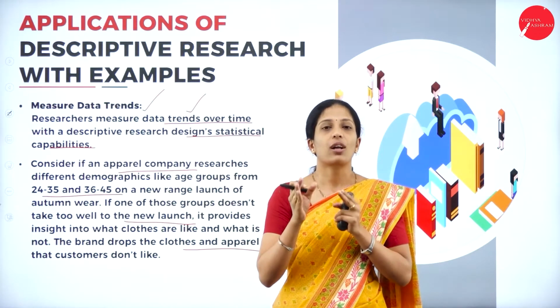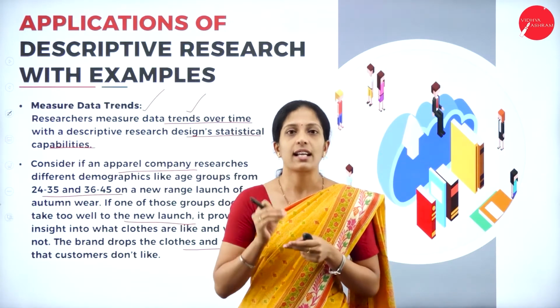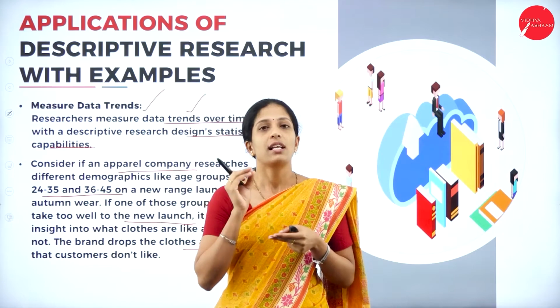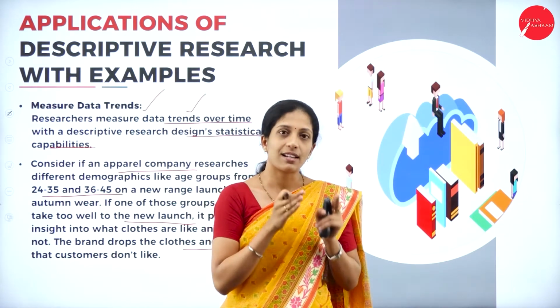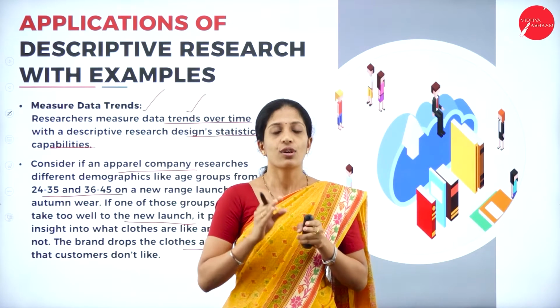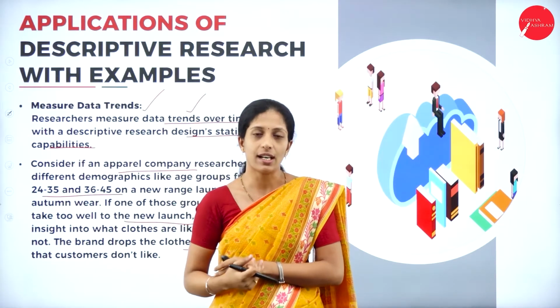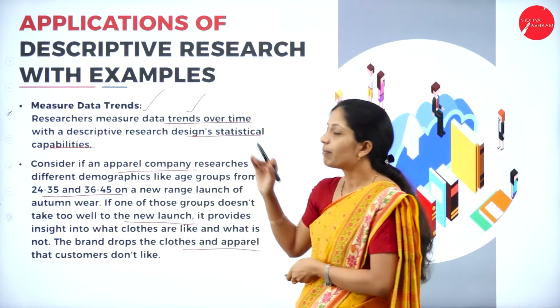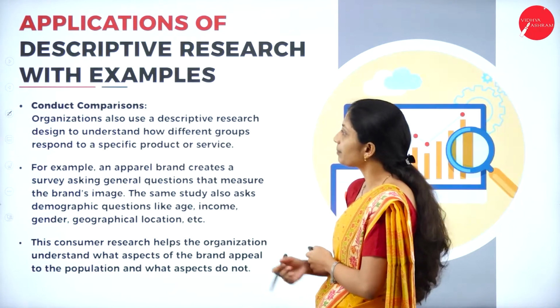Suppose an organization releases a particular brand and the data is collected through statistical tools, they'll come to know the exact number: how many customers like that brand and how many customers do not like that brand. If the majority does not like the brand, they can ignore that particular brand. So, this is about measuring the data trends under the descriptive method.